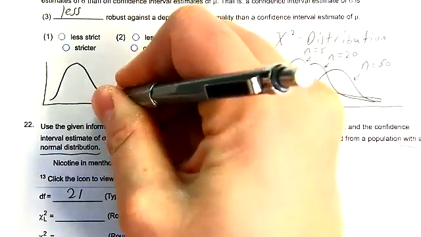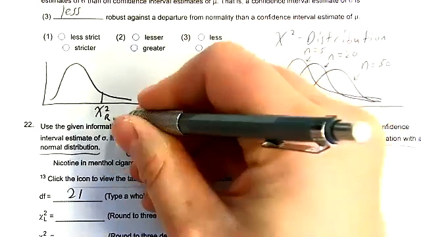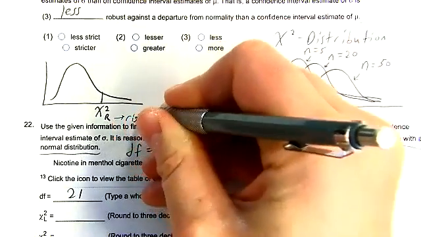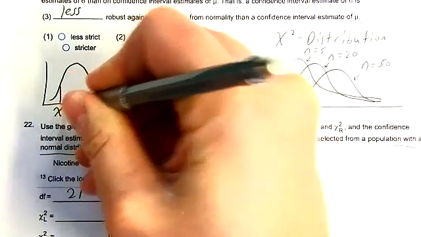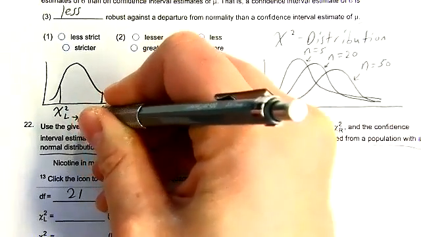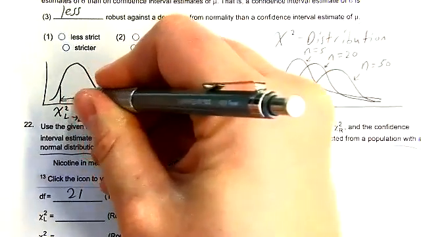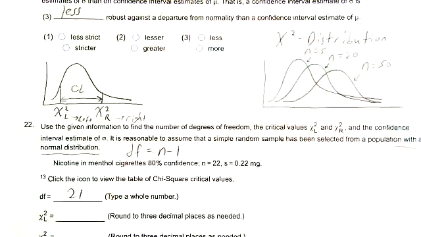That means there is a chi-squared right value, where R stands for right, and there's a chi-squared left value, where L is left, that separates, in this problem, your confidence level.